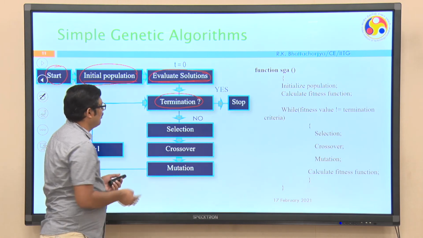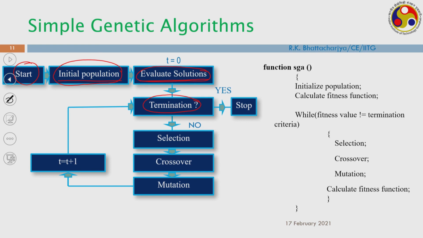So, we are putting some termination criteria. If it is satisfied, then you will stop and declare that you got the solution. But if the termination criteria is not satisfied, what will you do?